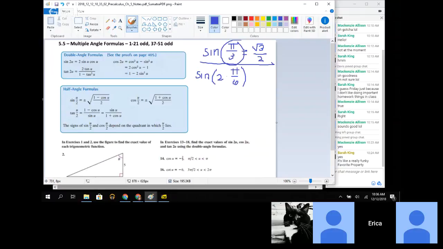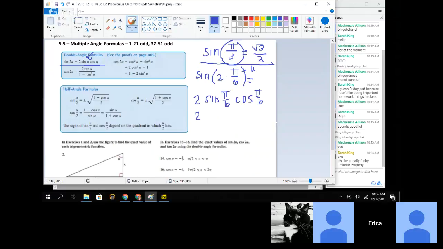And we have a formula: when you have 2 times a number, you can rewrite it as 2 times the sine of pi over 6 times the cosine of pi over 6. So your u is pi over 6, and you can plug it into this formula. Let's see if it works.